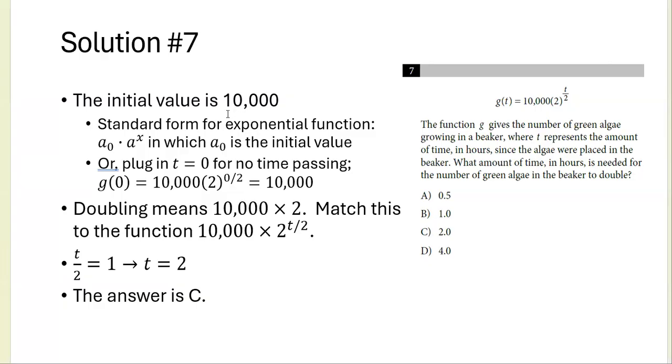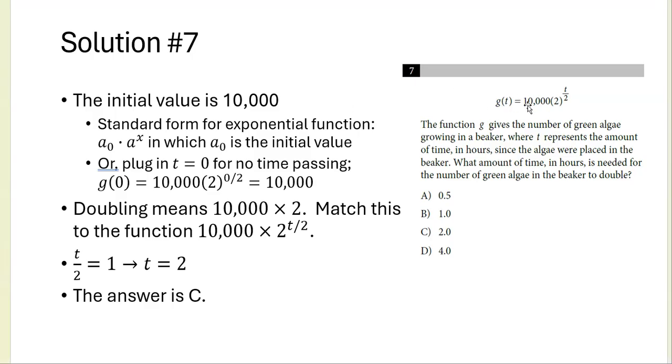Well, if we understand the general form for exponential function that you might have learned in your algebra or math 2, 3 class, it's a0 times a to the x, where a0 is the initial value. Another way to think about it is, instead of x, it's t in this case.